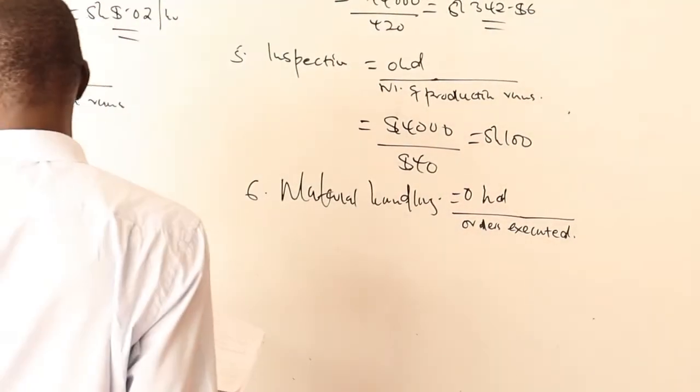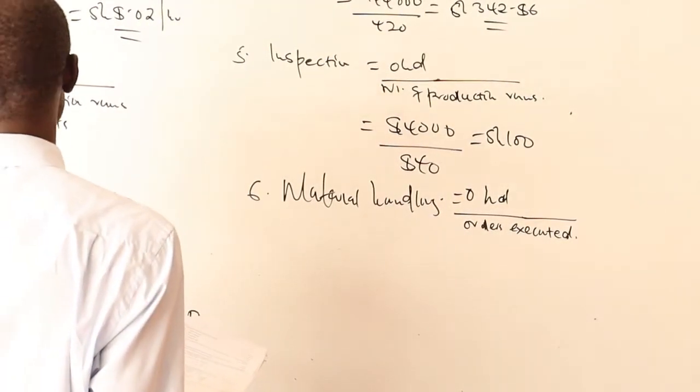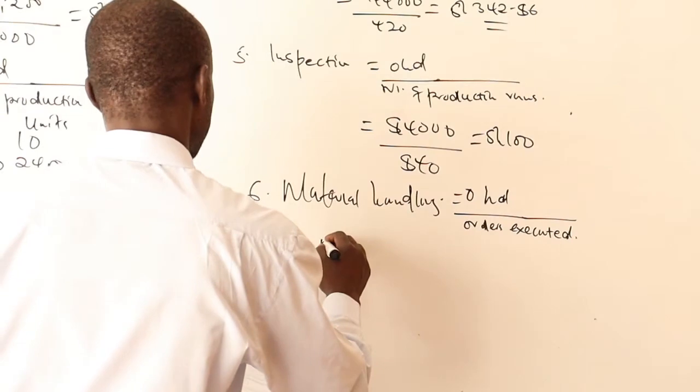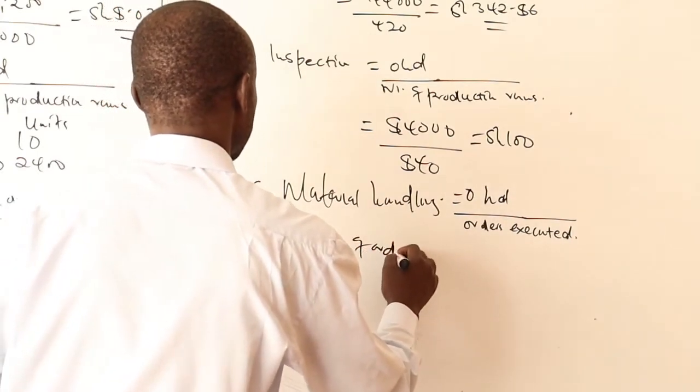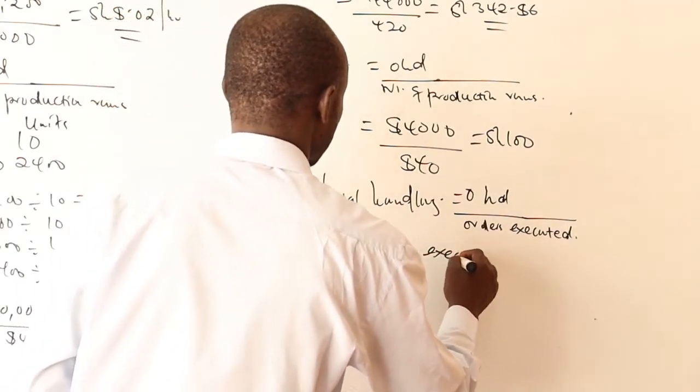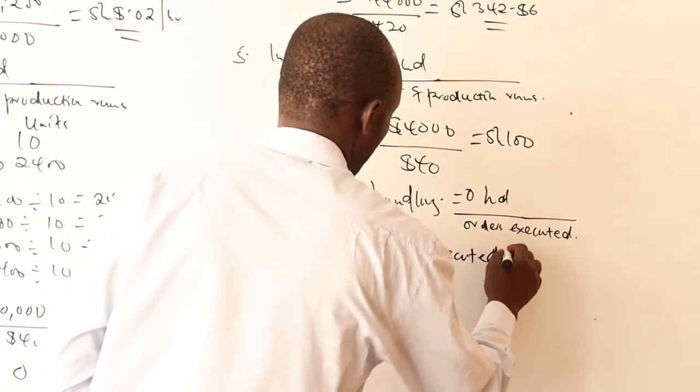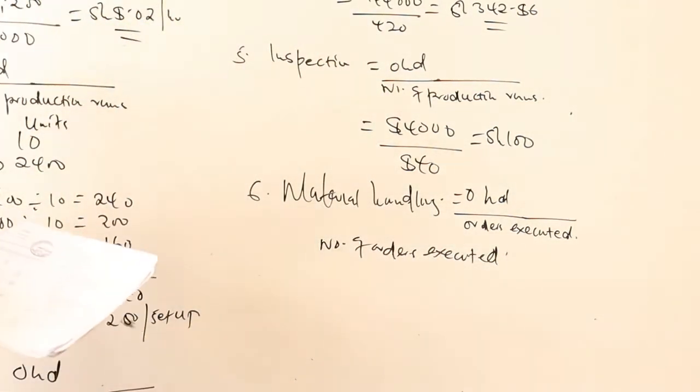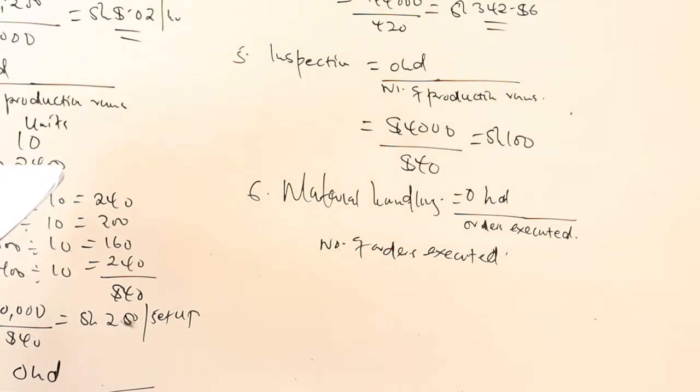So we get the number of orders executed. In note number 4, they told us the requisition rates during the months were 20 units for each product, while the orders executed were in batches of 10 units for each product. So one execution is equivalent to 10 units.